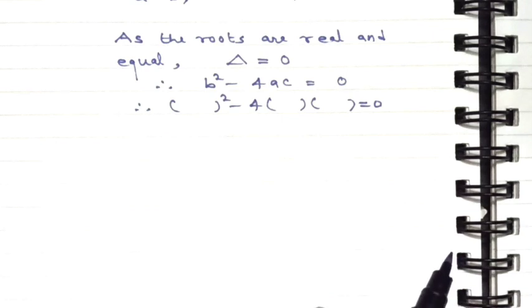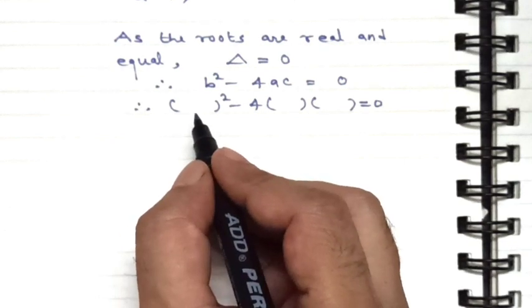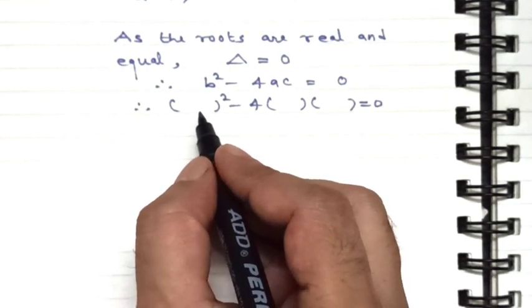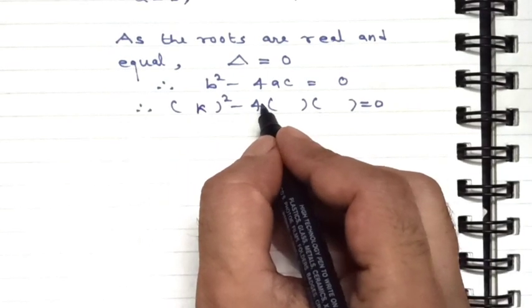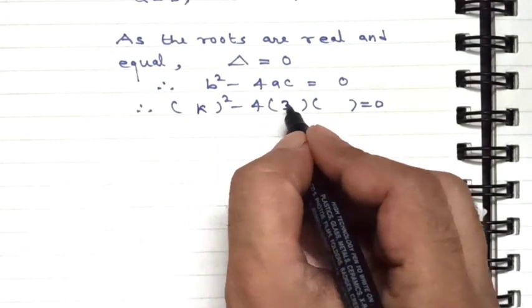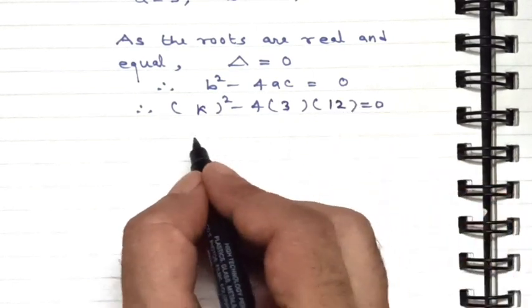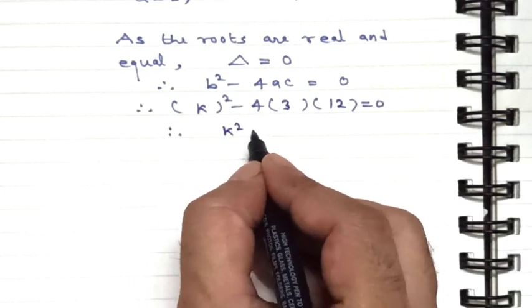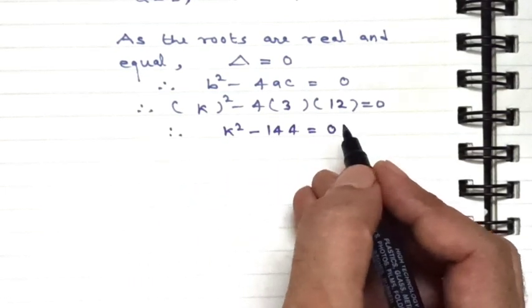So, put the value. b is equal to k, 4 is 4, a is equal to 3, and c is equal to 12. Therefore, k square minus 144 is equal to 0.